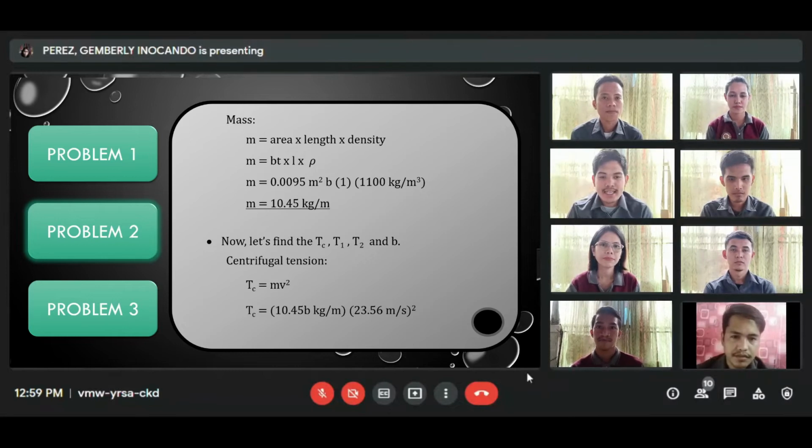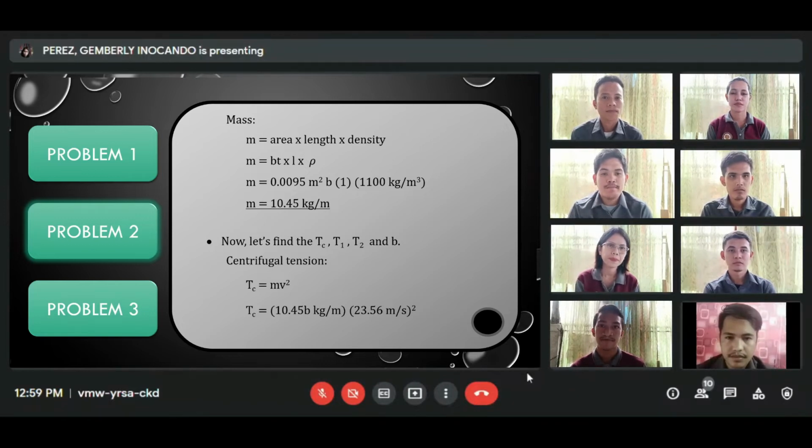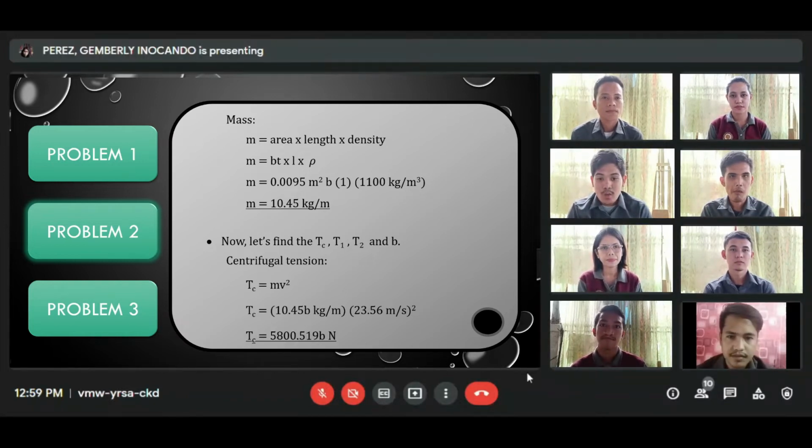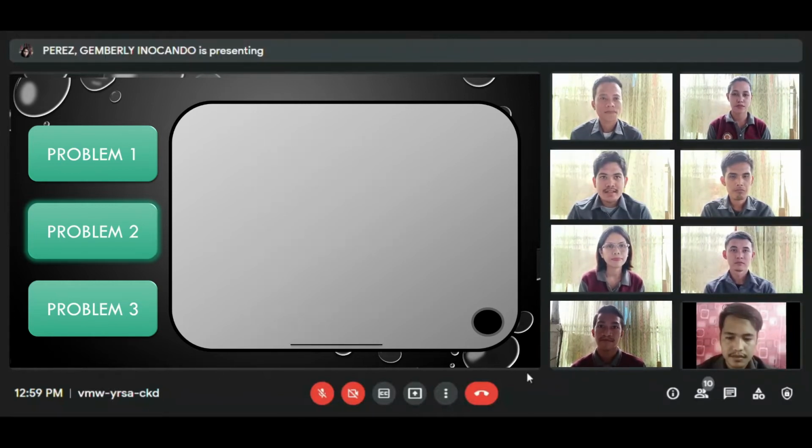TC equals 10.45 kilogram per meter multiplied by 23.56 meter per second squared. So the answer is TC equals 5,800.519 Newton. So that's all. Thank you.